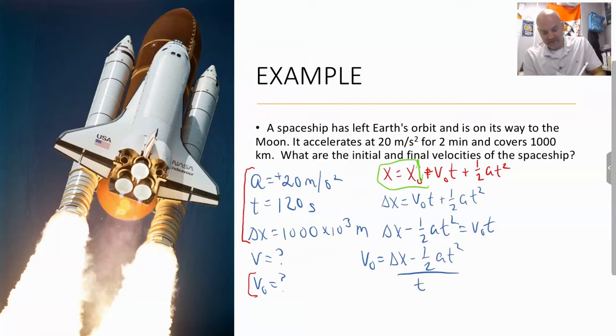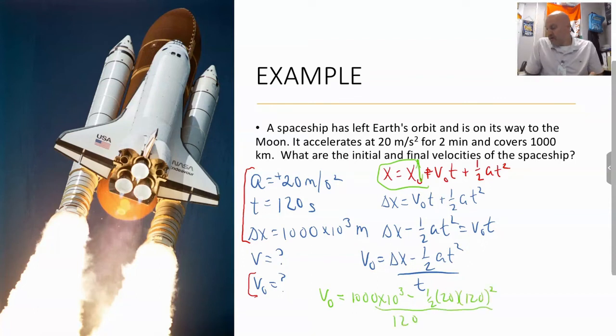Okay, and now we can plug in our numbers. So v0 equals 1,000 times 10 to the 3 minus 1/2 times 20 times 120 squared, divided by 120. I don't have my filled out copy of the notes, so I have to do this in the calculator real quick.